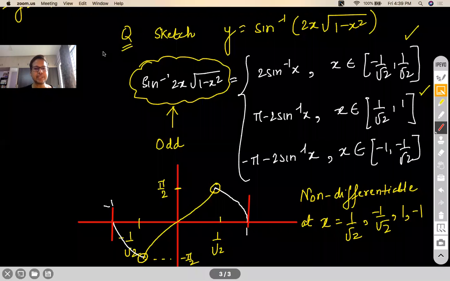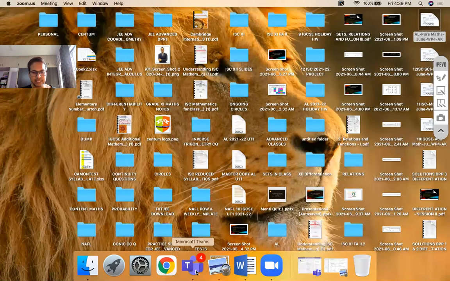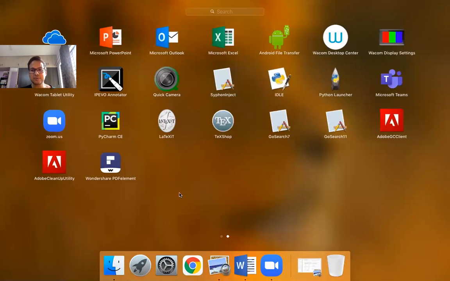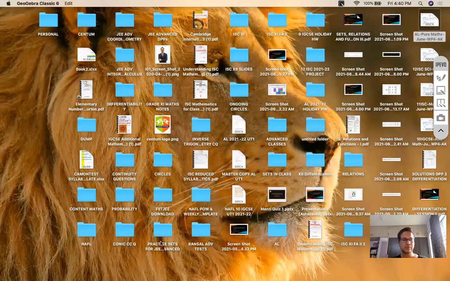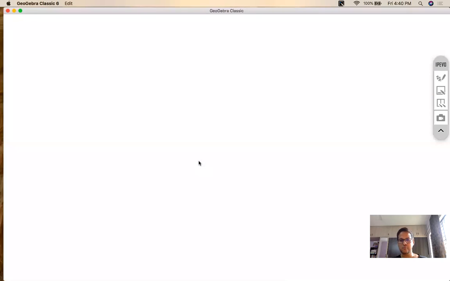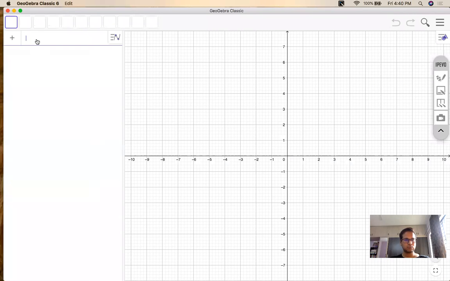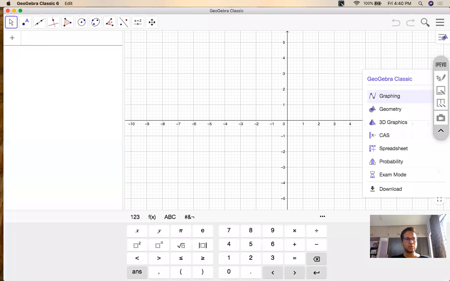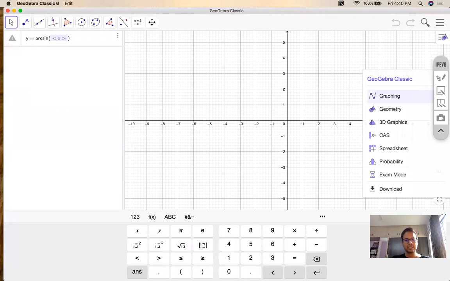Is this fine? Any questions here? Can we see this graph on GeoGebra? Let's do that. So y is equal to arc sine of 2x times 1 minus x square to the power of half.